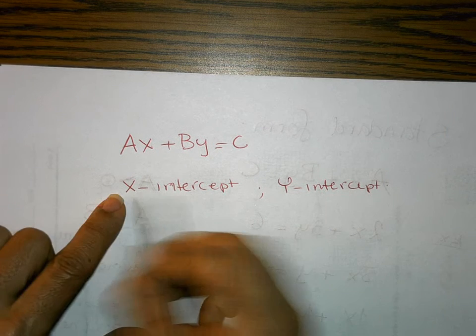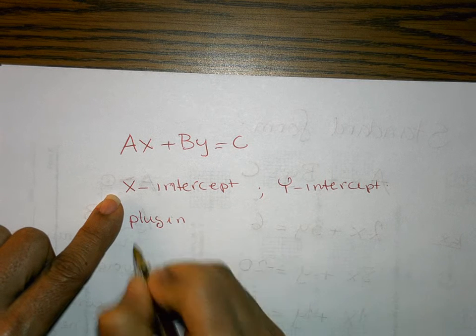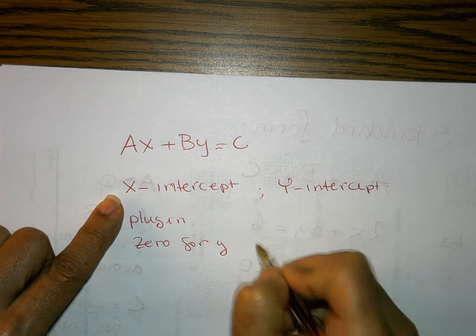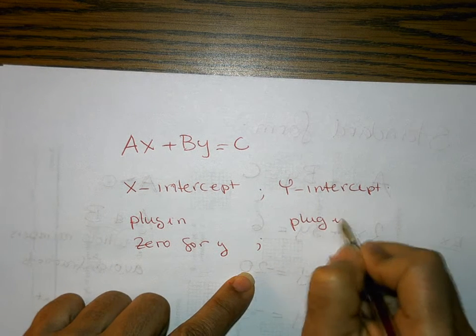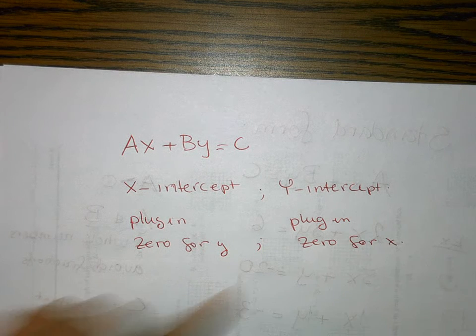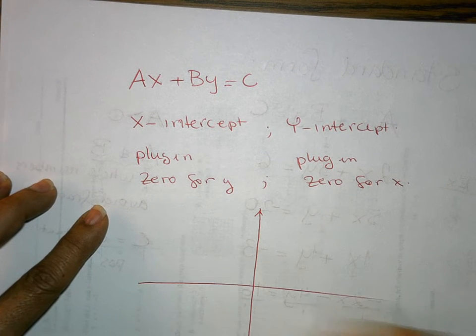When we want to find the x-intercept, we plug in 0 for y. And when I want to find the y-intercept, we plug in 0 for x, okay? So that's what it means in the graph. So if I'm graphing something right here, okay, let me just randomly graph a line here.